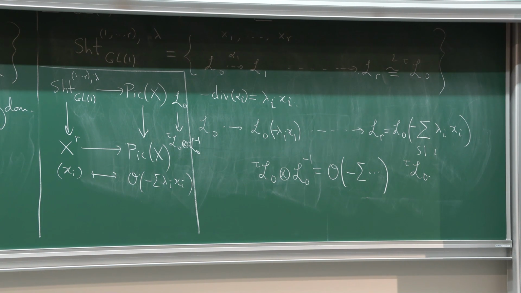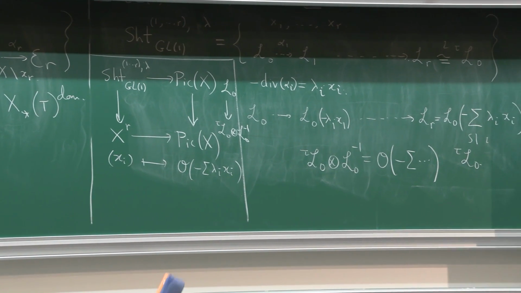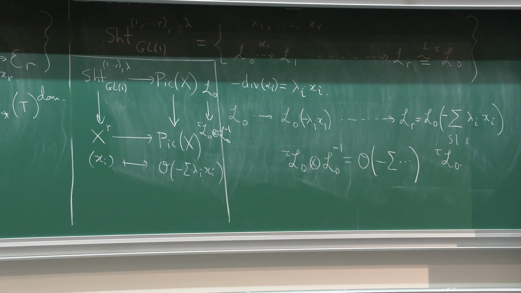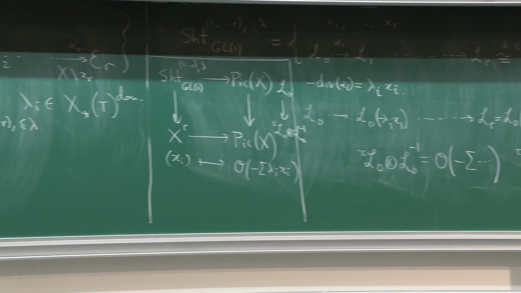Okay, so we get some corollary. First, this Lang map sends whatever line bundle to a line bundle of degree 0, because tau of L0 and L0 have the same degree.